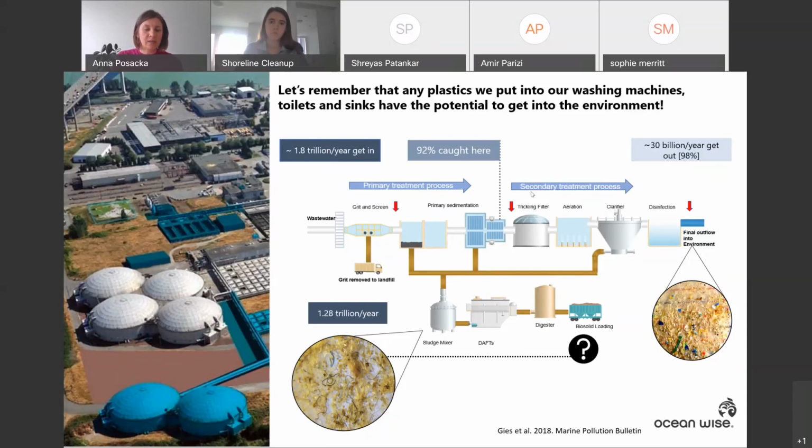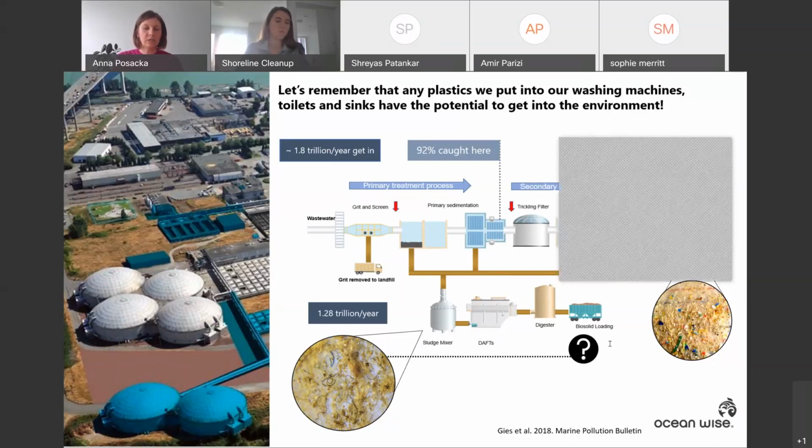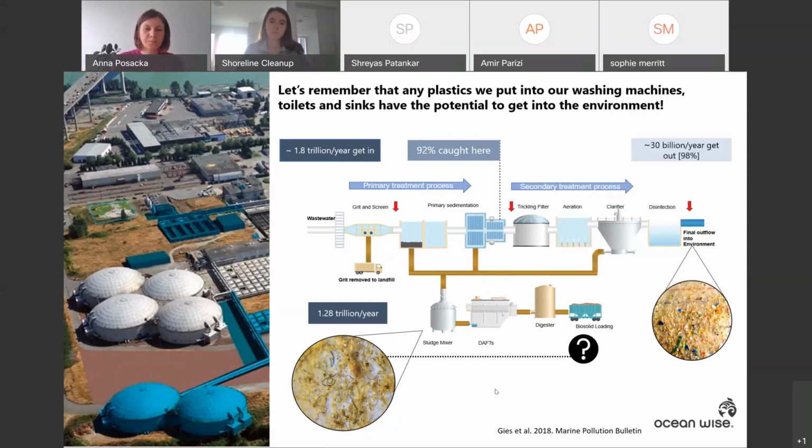And we've learned that most of the microfibers and other microplastics are settling or caught by the treatment plant through the initial primary treatment process by simply settling with the solids, and they end up in our sludges and biosolids.